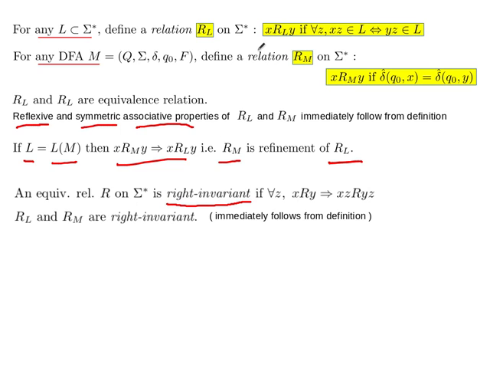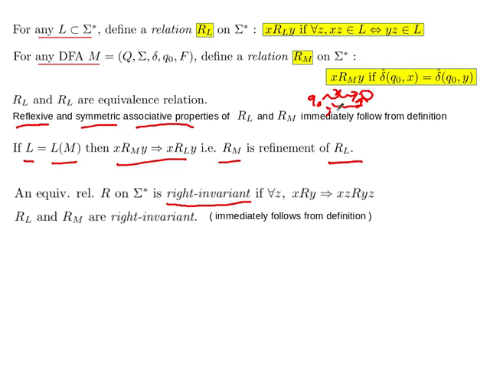And immediately you can see that this RL and RM are also right invariant. It's immediate from here, right? If you start from Q0 and reach the same state after this x and y, that means you start from Q0, you process x and you process y and you reach the same state.